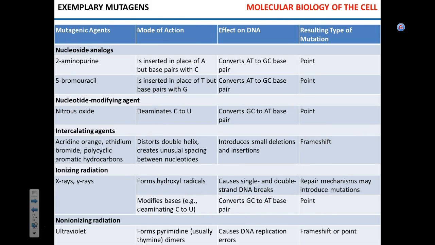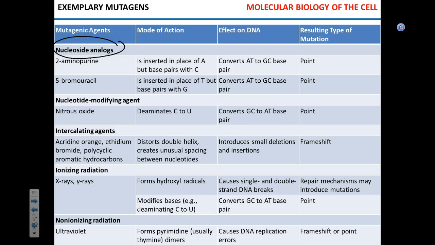Now, what do you need to do? What do you need to know about the mutagens, I'm sorry. So first of all, for nucleoside analogs, you don't need to know the examples. So what is a nucleoside analog? It's a molecule that looks like a nucleoside, like adenine or guanine or thymine, but it's different.